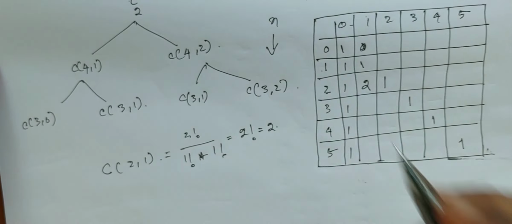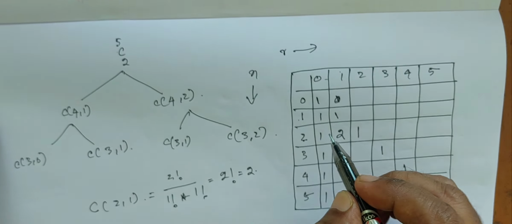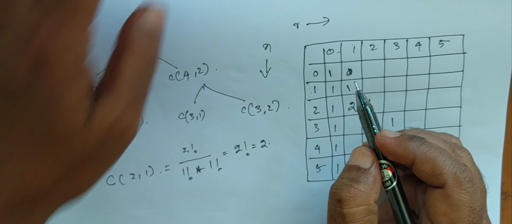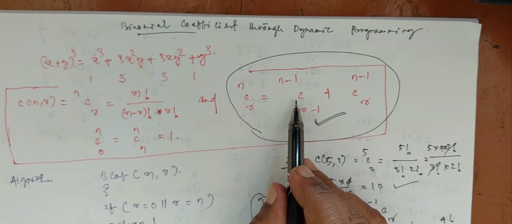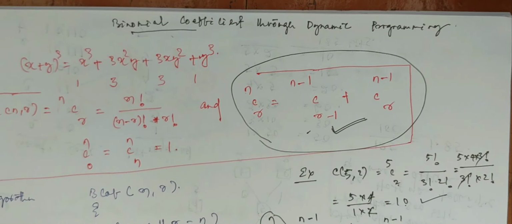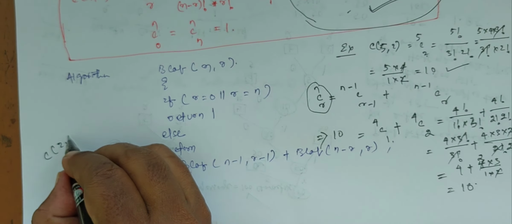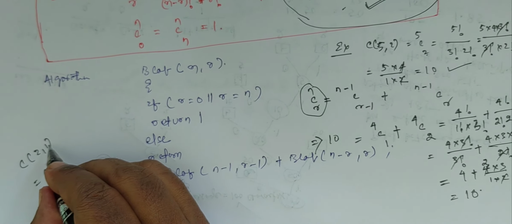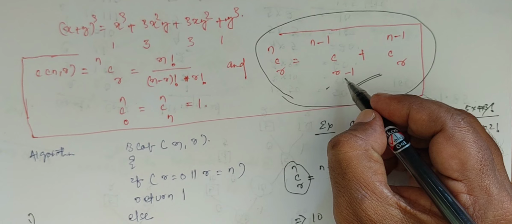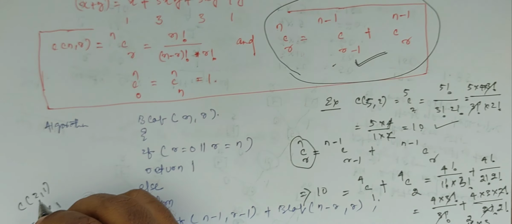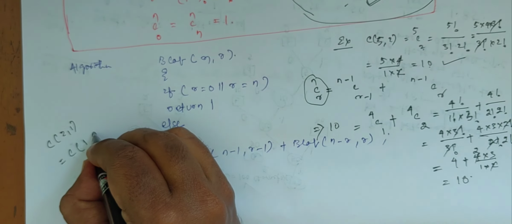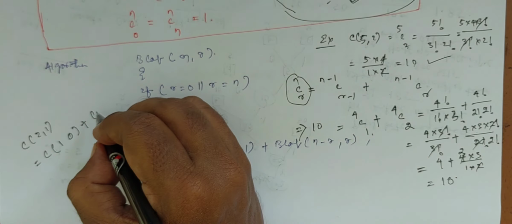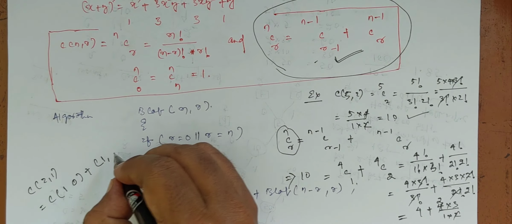Okay. So according to this formula, my calculation is C21 is equal to (n minus 1)C(r minus 1), where r minus 1 is equal to 0, plus (n minus 1)Cr where r is equal to 1.